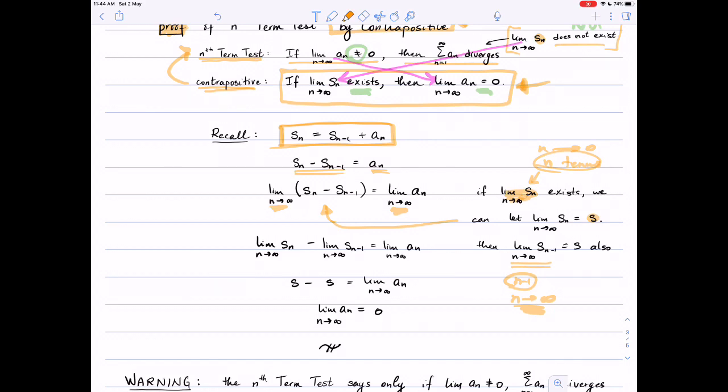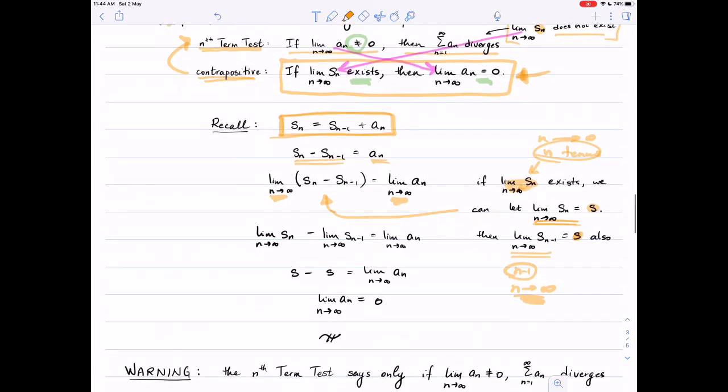So if the limit as n goes to infinity of Sn equals S, then the limit as n goes to infinity of Sn minus 1 equals S also. So that's a little hand wavy, but it is absolutely true, and it's not hard to believe from my little hand wavy explanation there.